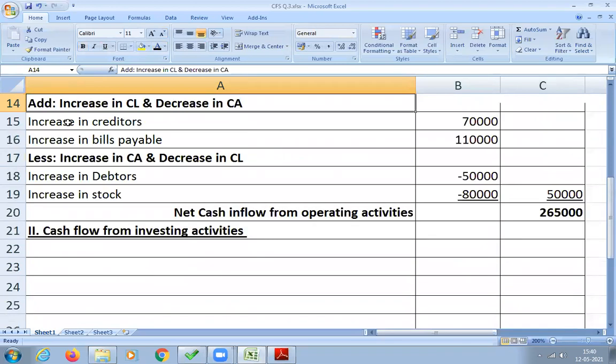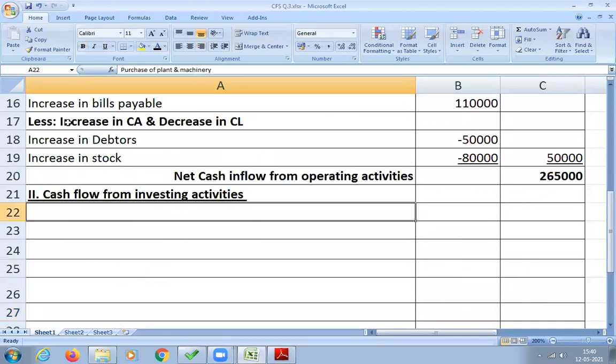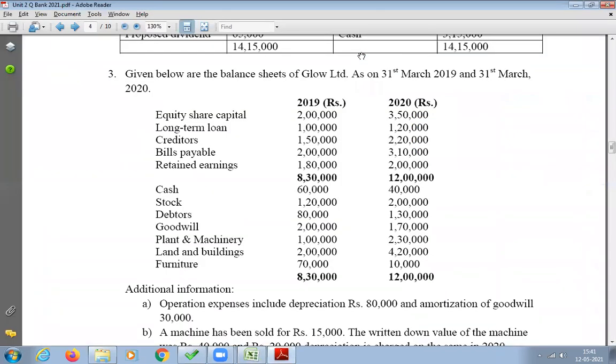What are we going to write in cash flow from investing activities? We have to check any purchase or sale of fixed assets or financial assets, and whatever they invested, whether they received any interest or dividends. First, we will check any current or fixed asset they purchased.